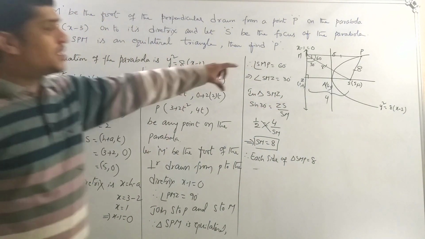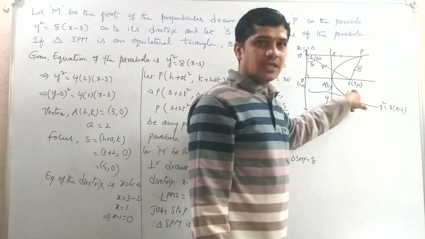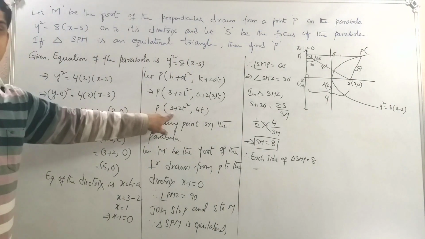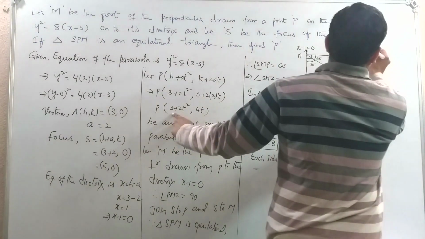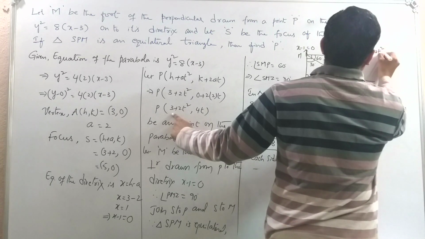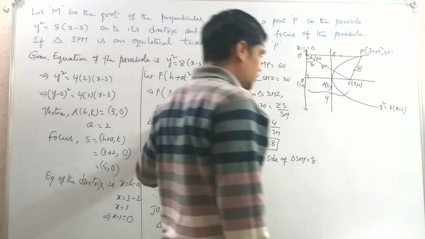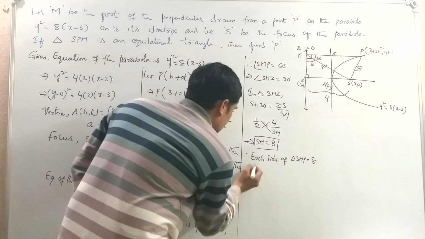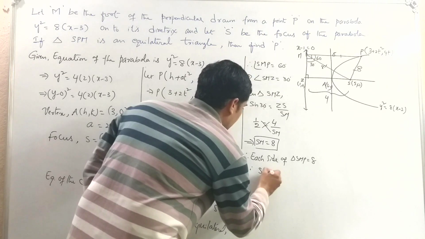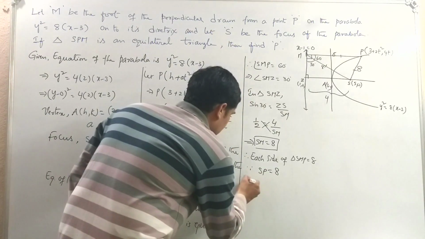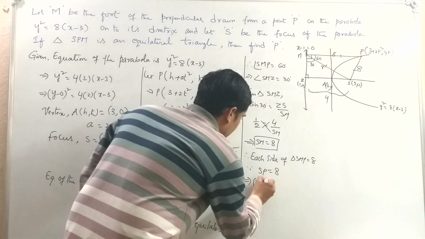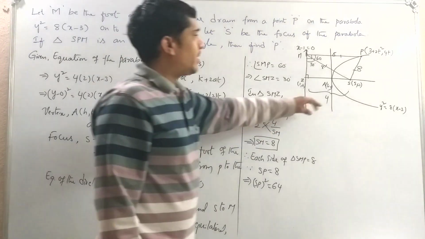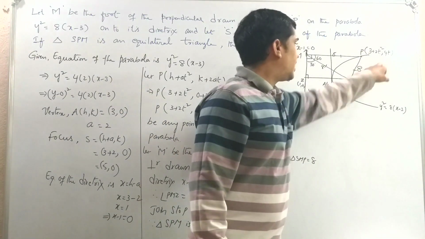Okay. Now by using the distance formula from S to P, because I know S, that is 5 comma 0, and P point I already found here: P is (3 plus 2t square, 4t). So by using these 2 points, I want to find the distance. Since SP is equal to 8, this implies SP square is equal to 64. The distance formula we know already: x2 minus x1 whole square plus y2 minus y1 whole square.